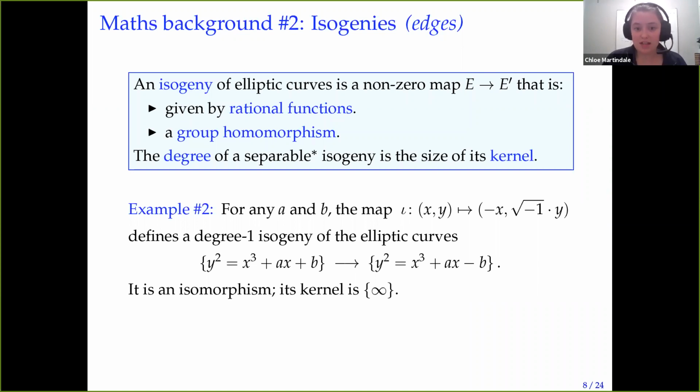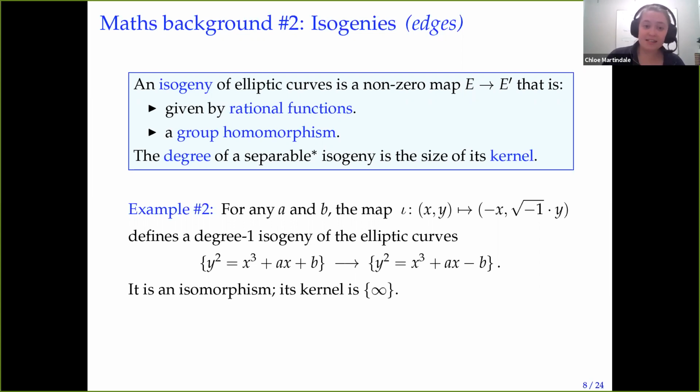And that's a degree 1 isogeny of the two elliptic curves, taking y squared equals x cubed plus ax plus b to y squared equals x cubed plus ax minus b. So they're really different elliptic curves, but it's a degree 1 isogeny, which is an isomorphism. That's the definition of an isomorphism in this case. The kernel is just the point at infinity, so these two curves are always isomorphic.